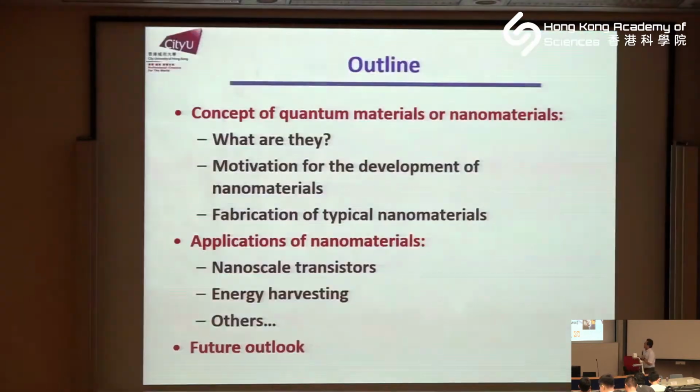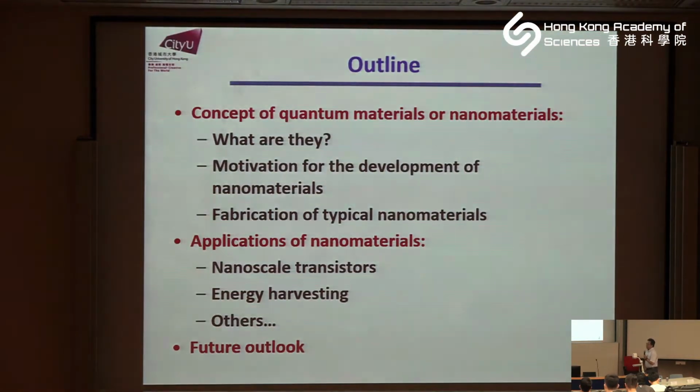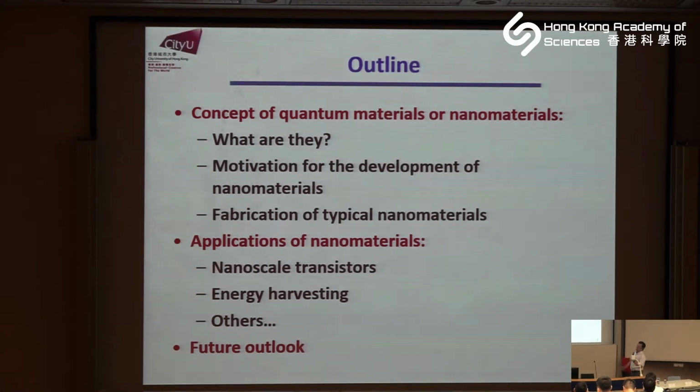For the past 10, 15 years, I have been working on nanomaterials day and night. So what are quantum materials or nanomaterials? From the quantum mechanical and physics background, we have already given a detailed overview. And from the material science background, because I'm a material scientist, how do we look at the problem from the material point of view?